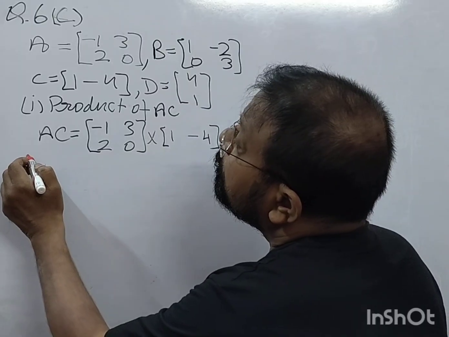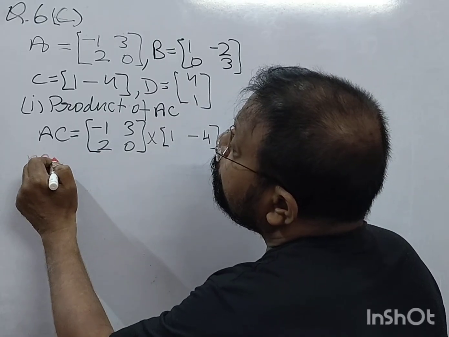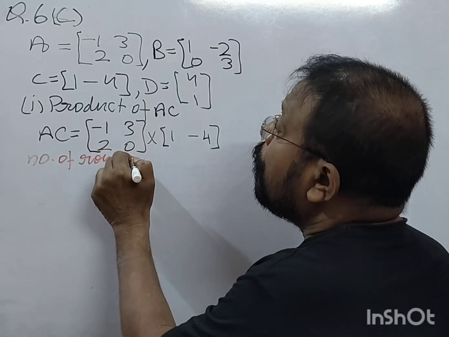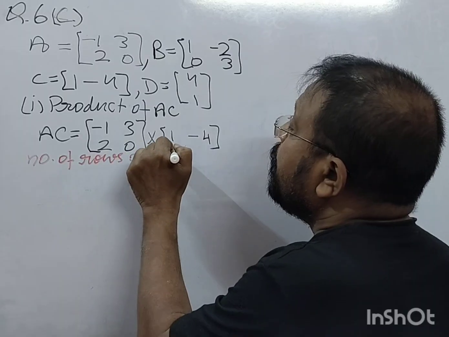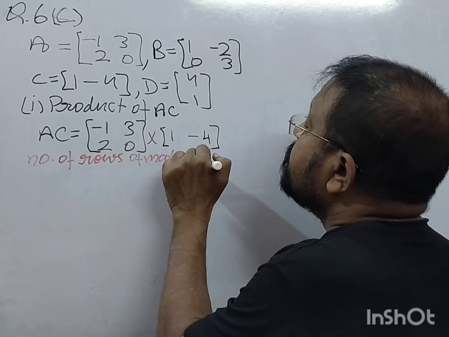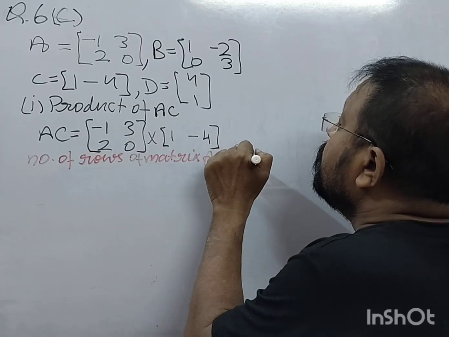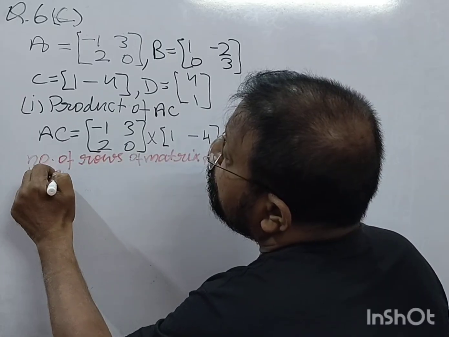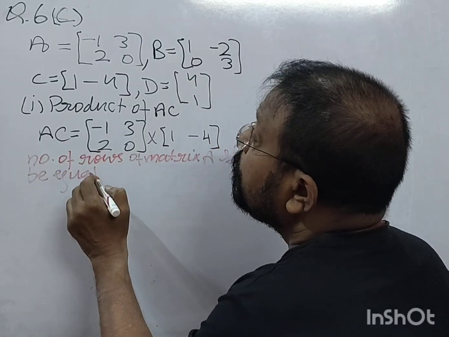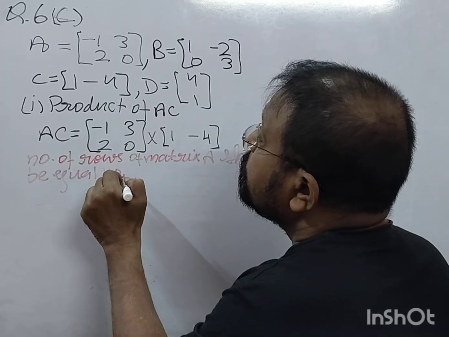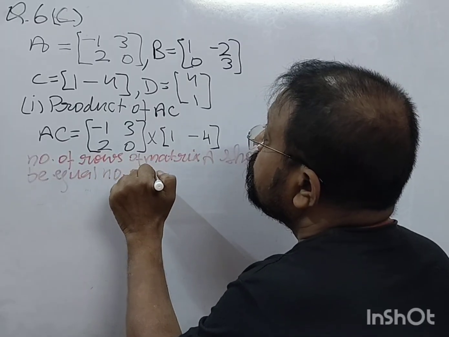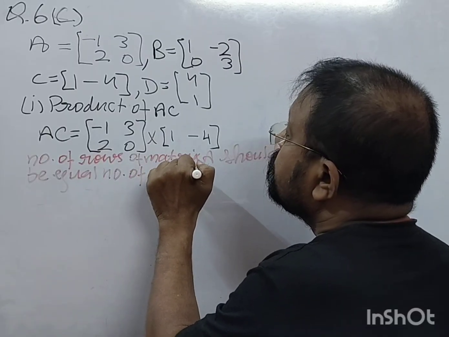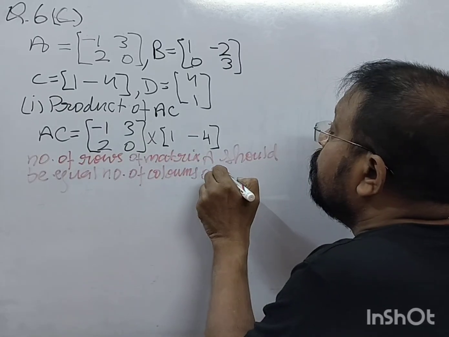So number of rows of matrix A should be equal to number of columns of matrix C.